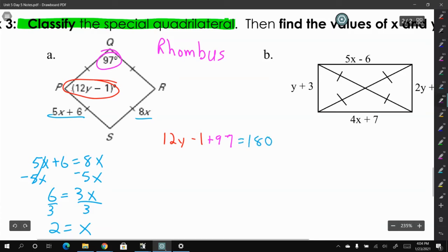So we'll combine our like terms. We get 12y plus 96 equals 180. Subtract 96 from both sides. We get 12y equals 84, and y is equal to 7.